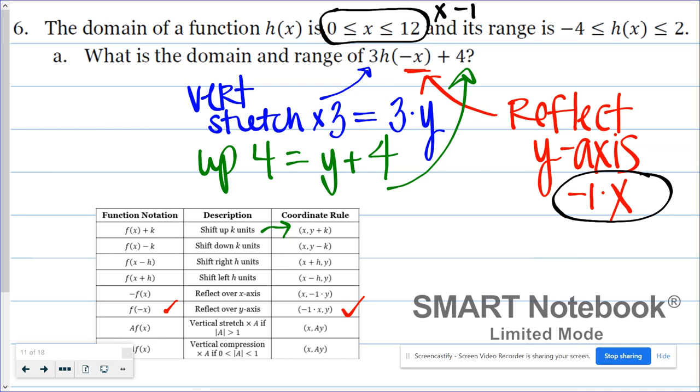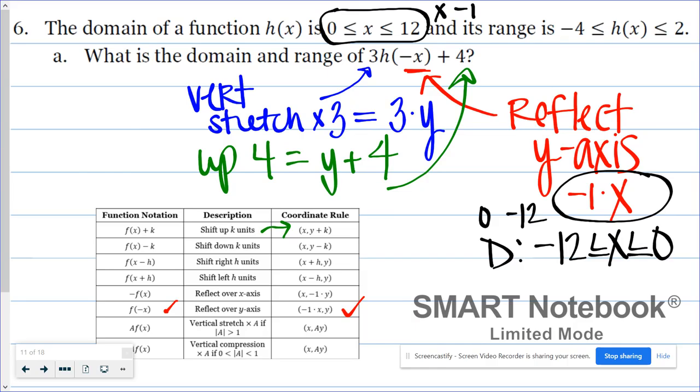So that will switch the order up, right? Because 0 times negative 1 is 0. 12 times negative 1 is negative 12. So I need the order to make sense. So I'm going to write for my domain, because I want to go from smallest to largest. So negative 12 is less than or equal to x is less than or equal to 0.